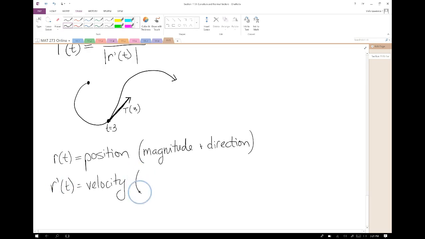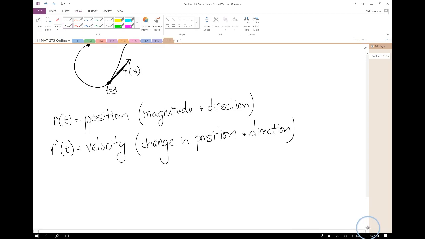So this is a measurement of how magnitude and direction are changing. But remember, the magnitude of velocity we also call speed. We could also call this measuring change in position and direction. We're measuring the change in r of t when we do r prime of t, which is speed and direction.